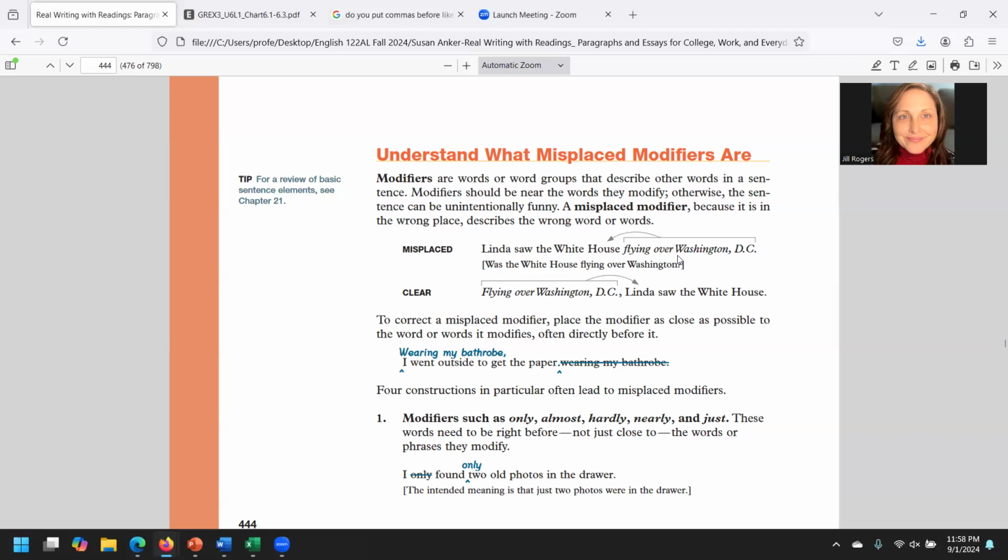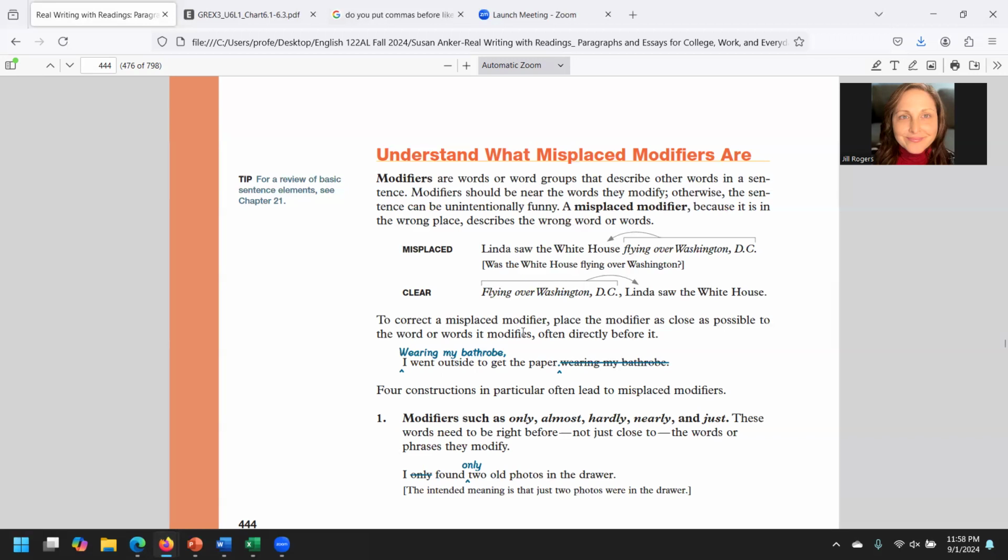In this case, you move that modifying phrase next to who it's modifying. "Flying over Washington, D.C., Linda saw the White House." Now that makes sense because she was in an airplane and the White House wasn't flying.